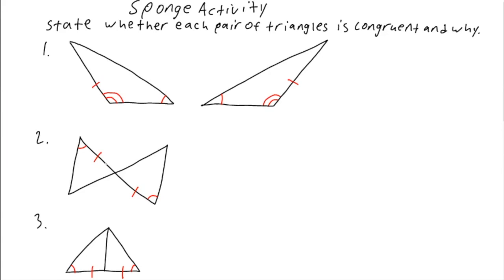Number 2, we have two triangles here. They're connected, but there are two. And number 3, while there are 3 triangles technically, I'm talking about the 2 small ones. So for each pair, state yes or no, are they congruent, and then state why.